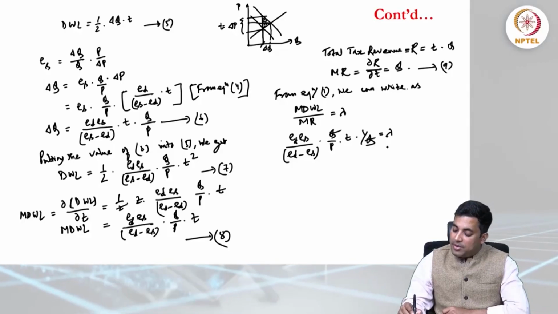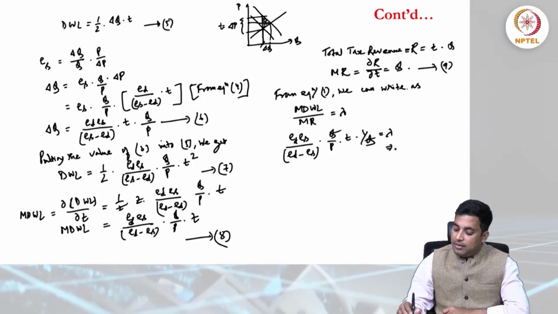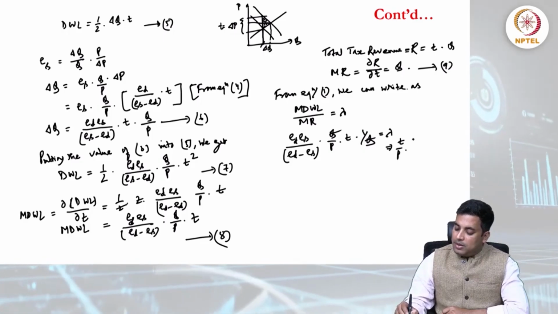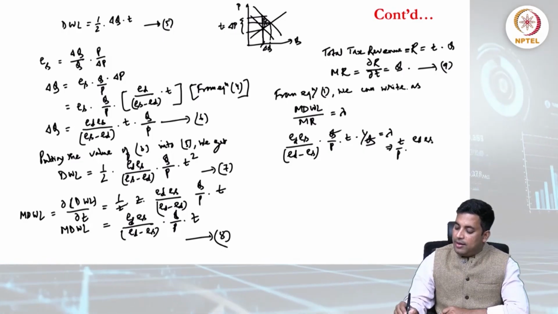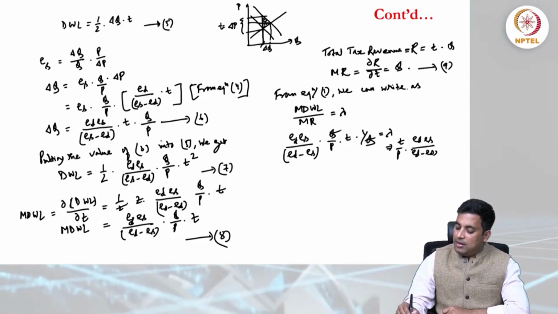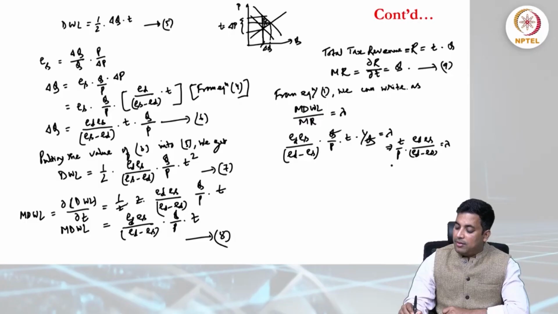So now we can write this as T by P multiplied by E_D E_S divided by E_D minus E_S equals lambda.